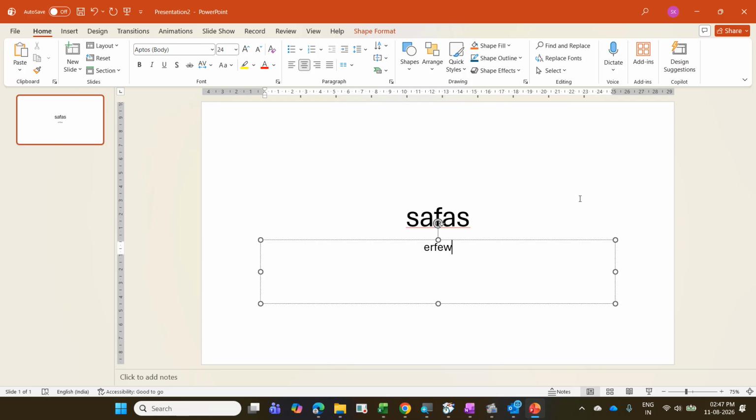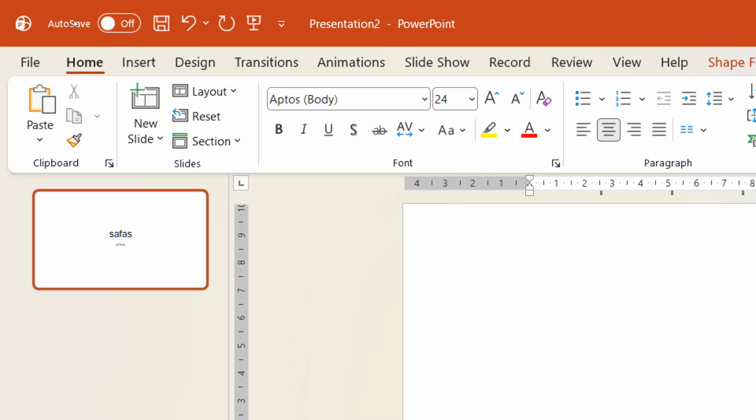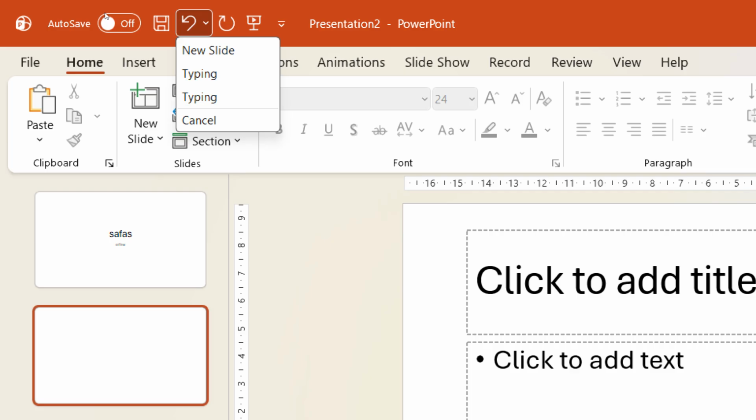Where can I see that? On the top, save, undo, redo. When you go to the undo button, there is a dropdown available. If you click it, whatever steps I did are noted here. I typed something here, I typed something here. Assume I am inserting a new slide. First I typed it, second I inserted a new slide, so it is noting all my steps.